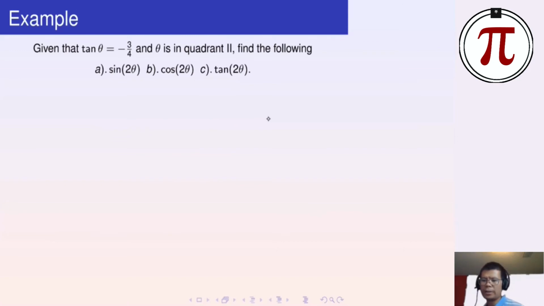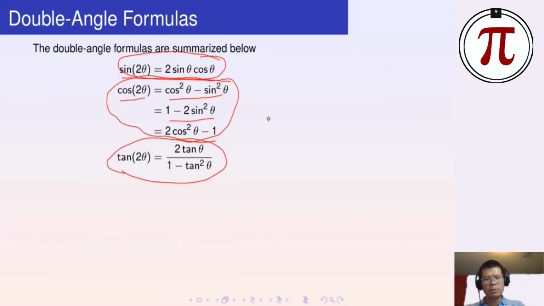Okay, so now what would we need to do? To find sine 2 theta, cosine 2 theta, and tangent 2 theta, before we do that, we really need to find those component values. The tangent theta is given, but we would need sine theta and cosine theta in order to find sine 2 theta and cosine 2 theta.